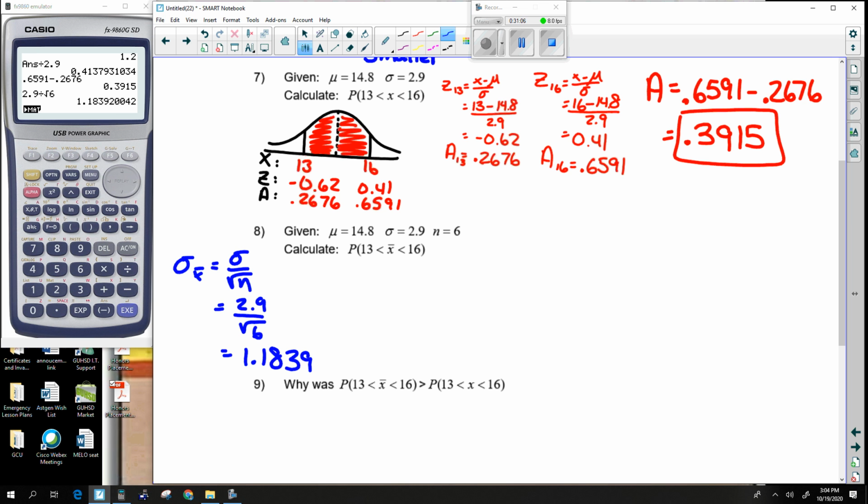So sigma is no longer going to be 2.9, but rather 1.1839. Notice how the standard deviation just got smaller. And now that that's established, the entire problem is exactly the same.